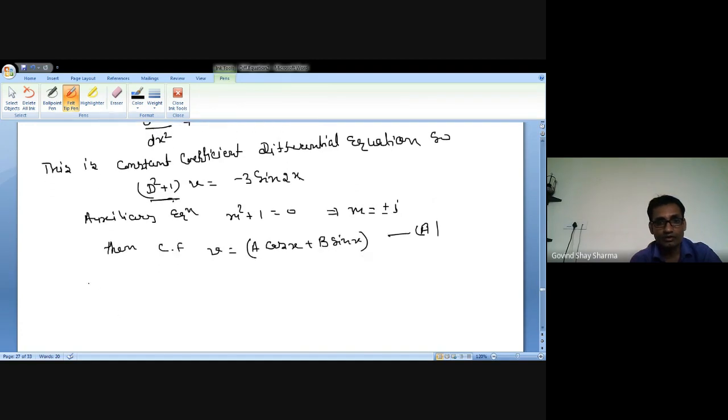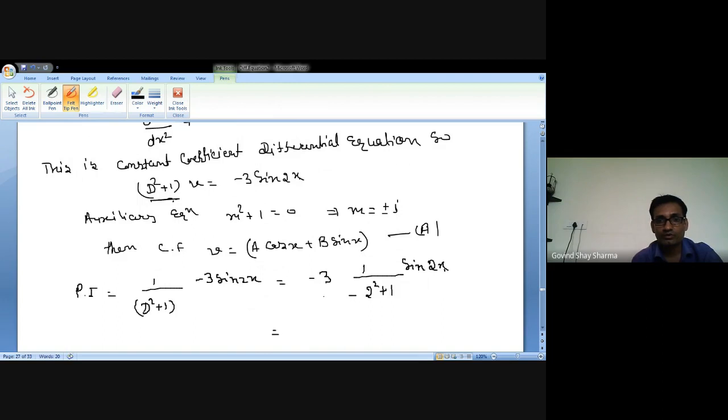Now the particular integral. (d square plus 1) v is equal to minus 3 sin 2x, so we put d square as minus 2 square, minus alpha square, plus 1, in sin 2x.